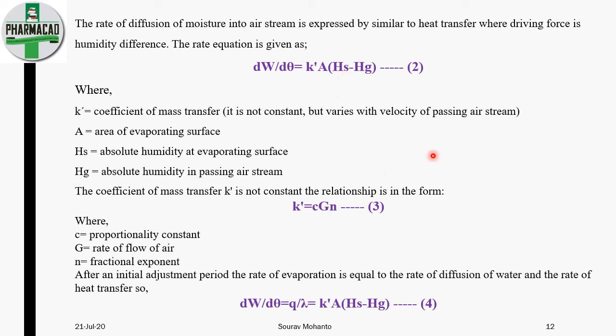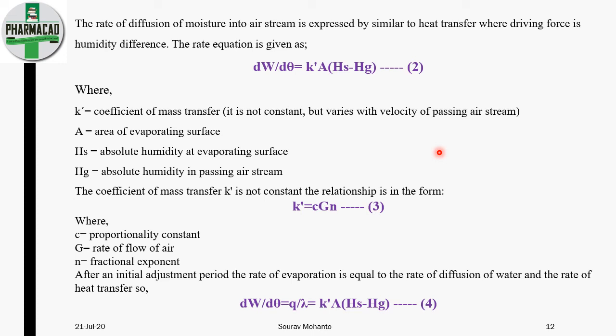So k dash, the coefficient of mass transfer, is not constant, because it depends upon the velocity of the airstream. It can also be written as k dash equals C G to the power n, where C is a proportionality constant, G is the rate of flow of air, and n is a fractional exponent.